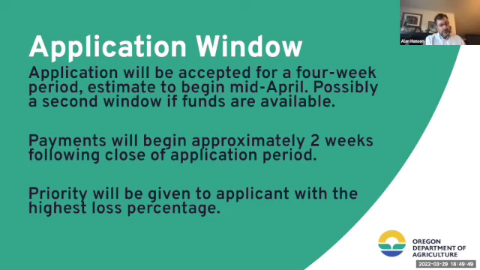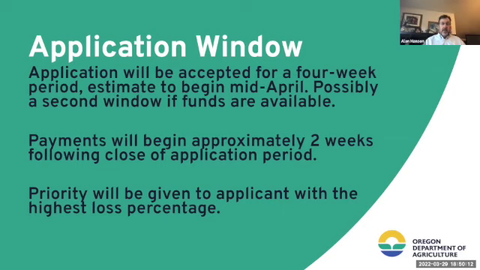Now, we're dependent on the timeline of the financial institutions. So that's our goal, but keep watching our website, and as we get that completely nailed down, we'll be publishing that information. And so the application period will be 4 weeks.